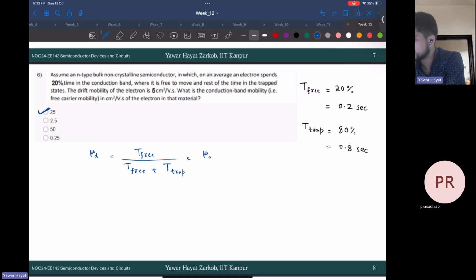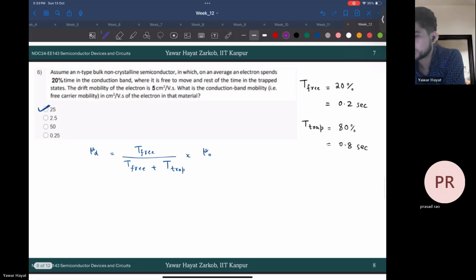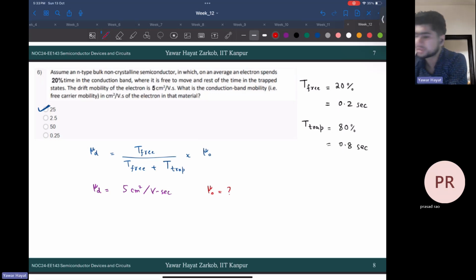So this would be your mu d. Your mu d is 5 centimeter square per volt second. What is your mu naught? Your mu naught is something that we don't know.